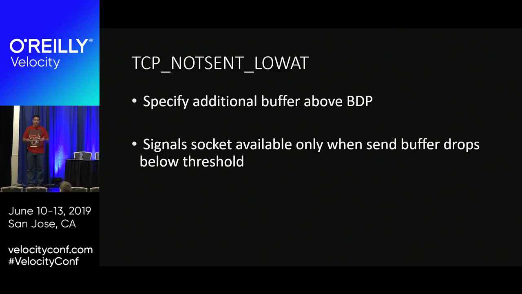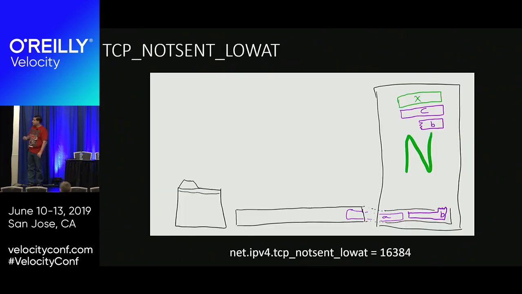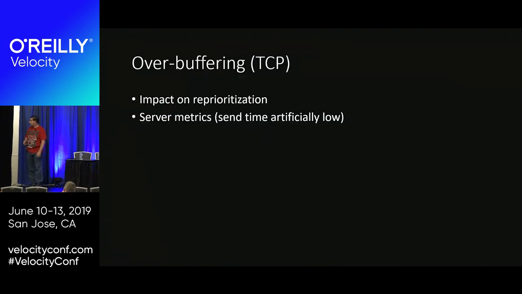If you're on a cell signal or whatever, or as we'll get into a little bit with congestion control, if it overshoots the estimate for the congestion window and then drops back down, TCP_NOTSENT_LOWAT will hug that fairly closely and give you probably the best responses on reprioritization. And so what that ends up looking like is the send buffer is basically minimized to the in-flight data only, and it can respond to priority changes as soon as they come in.